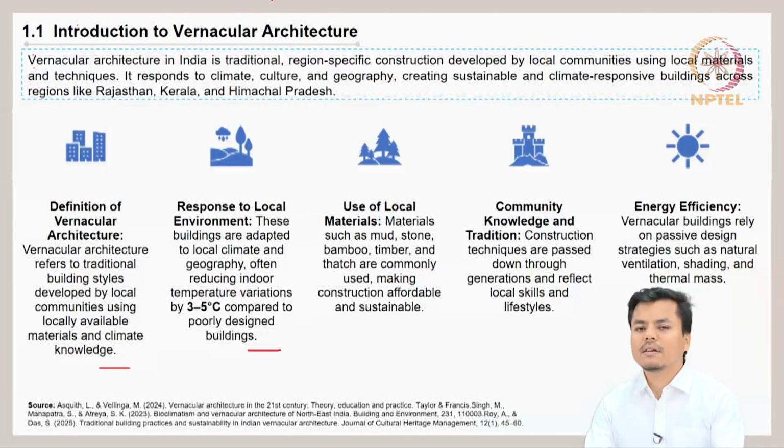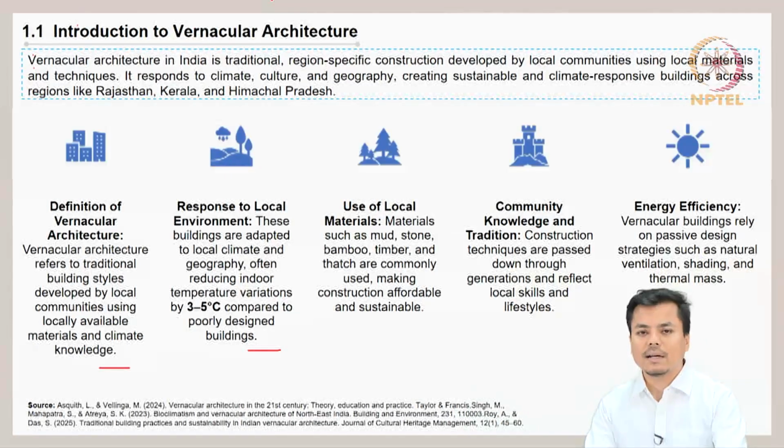Then the major characteristic of these buildings is that they use local materials. As I was explaining before, the availability of material in a region has a lot to do with the climate, the climatic region overall, and the geology of that region.